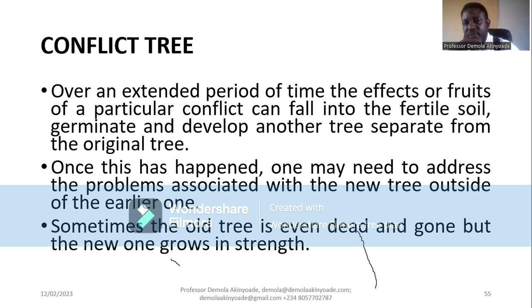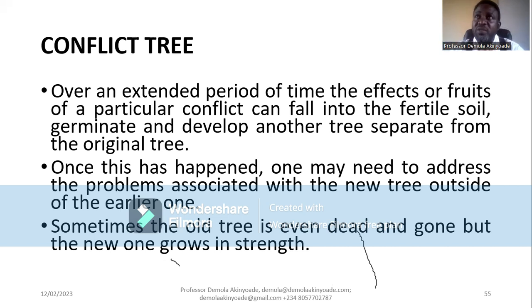One of the things that the conflict tree helps us to do is to let us know that some effects, that is effect issues, the kind of issues that are like the leaves and the fruit, sometimes the fruits, once they fall to the ground, they germinate, and then another tree grows.